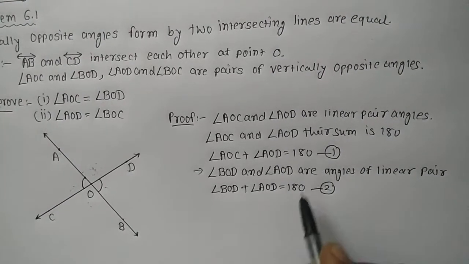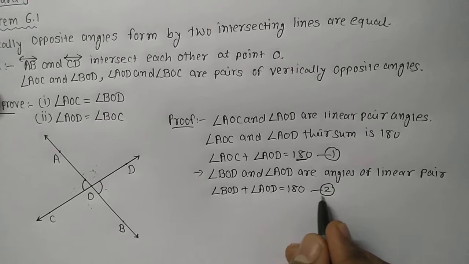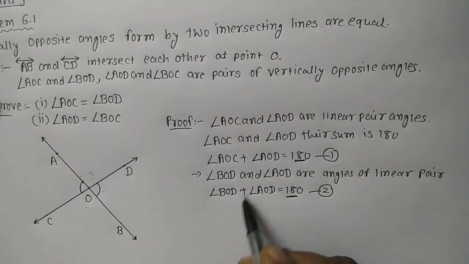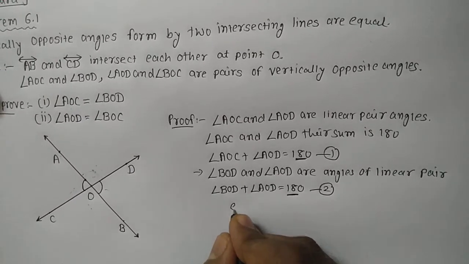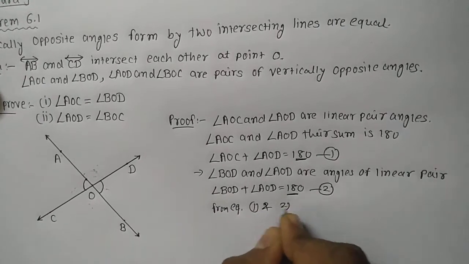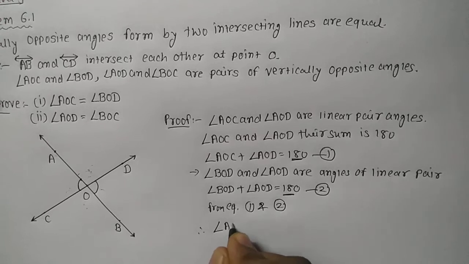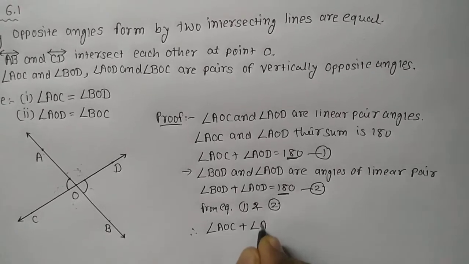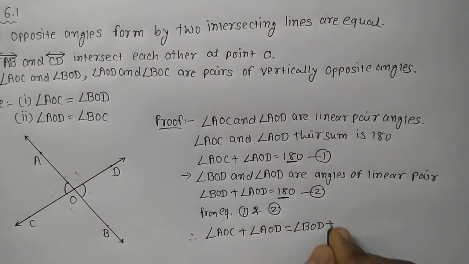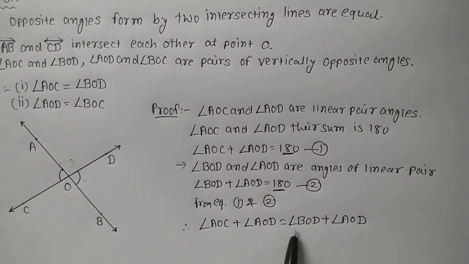If we compare equation number 1 and 2, you can see the right hand side of equation number 1 is 180 and the right hand side of equation number 2 is also 180. So if these two are equal, we should compare the left hand sides of equations 1 and 2. Therefore, AOC plus AOD is equal to BOD plus AOD.